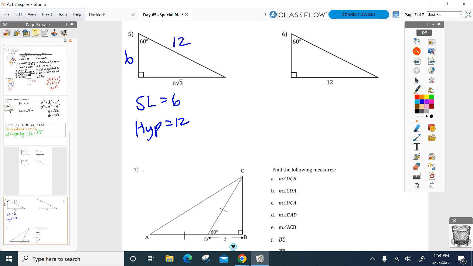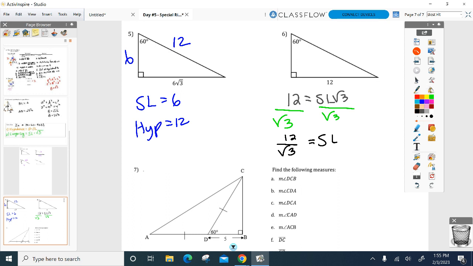6 was a little bit tougher than the rest just because you ended up with a radical in the denominator. 12 equals shorter leg times radical 3. Right? That's the rule. Divide both sides by radical 3, and this is what I was talking about. You get a radical in the denominator, which we talked about yesterday, is not in simplest radical form. So I can't leave my answer like this. Remember how to adjust it?